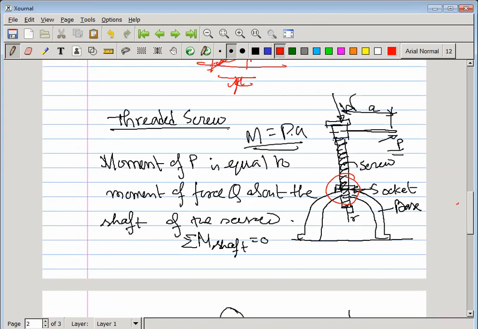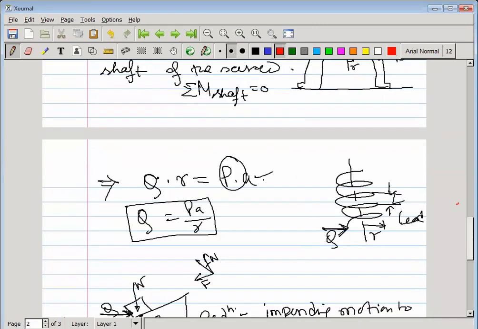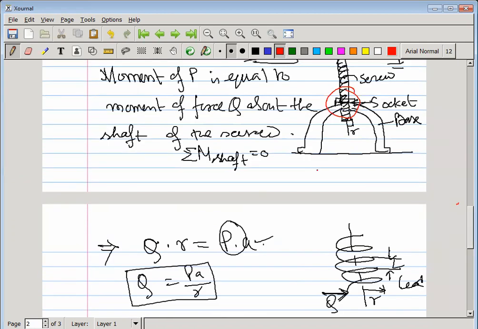So between the two threads there is some contact. Just think about this portion, this is the socket. Inside the socket there is thread, and the screw also has thread, so between the two threads there is some contact.